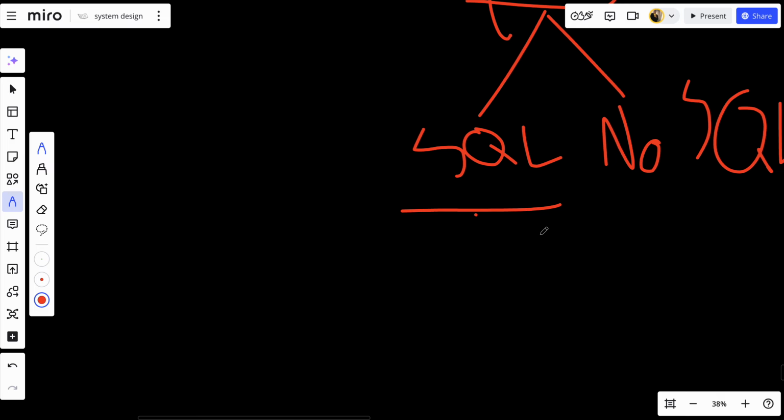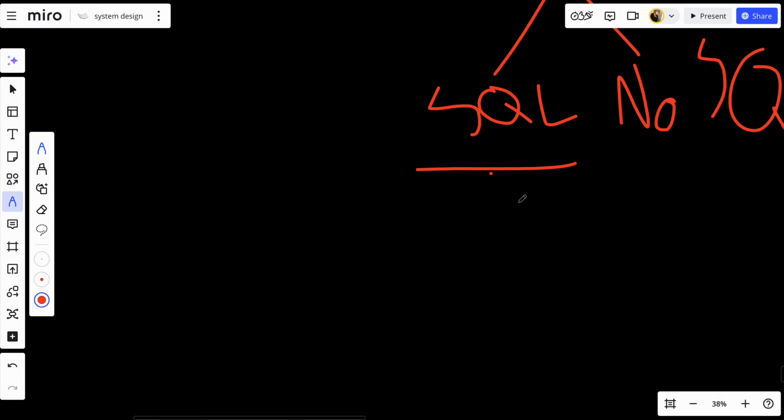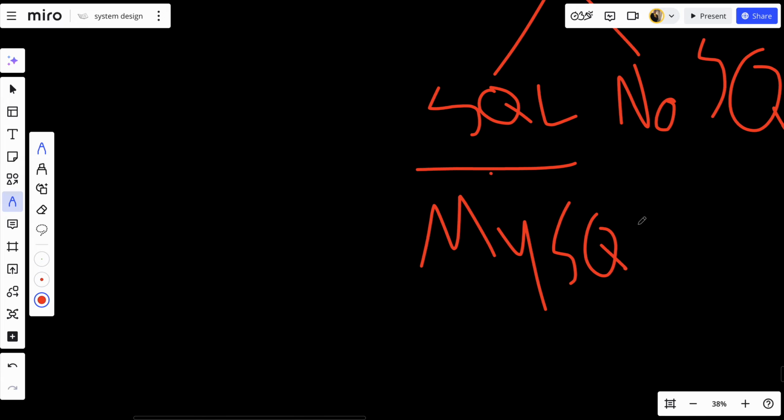Popular SQL databases include MySQL and also Postgres. Let's say that these are the two most important.